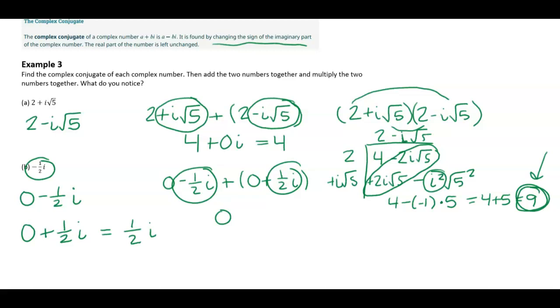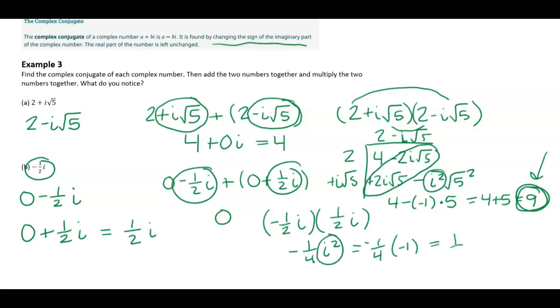All right, let's look here. If I have negative 1/2 i, and I multiply that by its complex conjugate, I would get negative 1/4 i squared. Negative 1/4 times negative 1, when I do the substitution here, gives me 1/4.